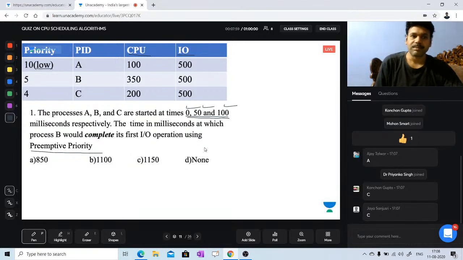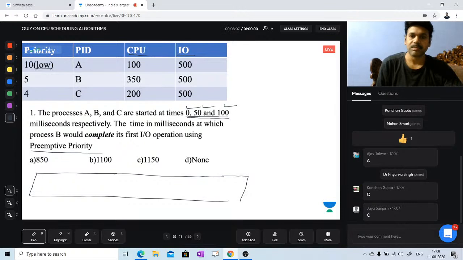Please see. As we are using preemptive priority, the processes have arrived at 0, 50 and 100, and preemptions are allowed in this.